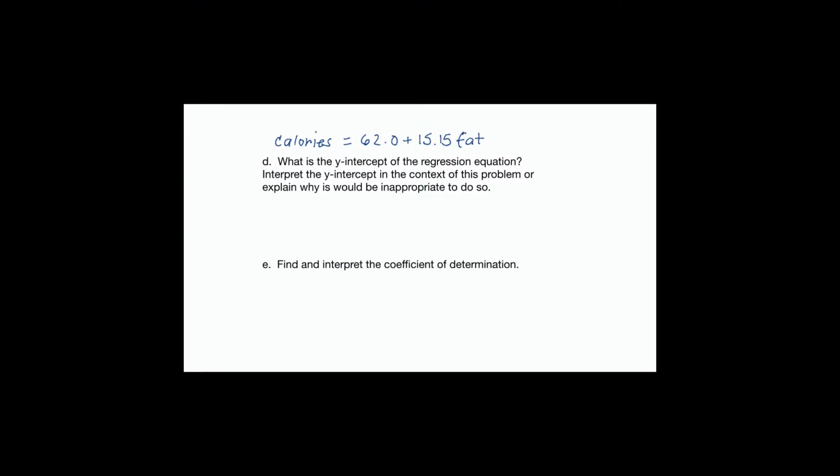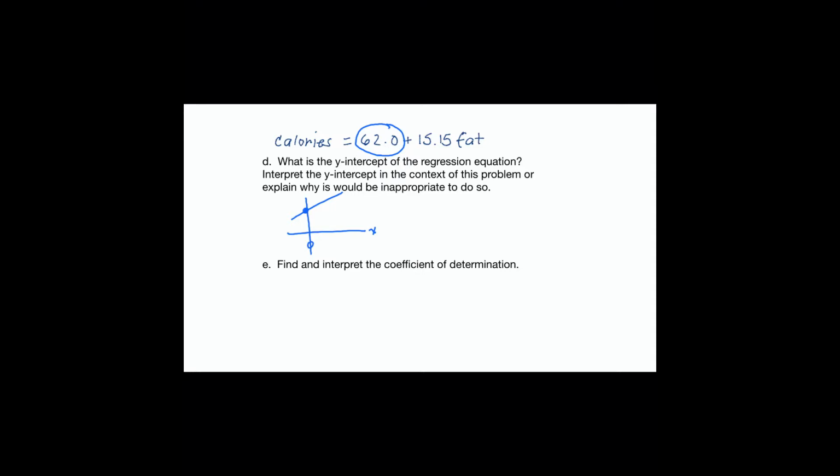What is the y-intercept of the regression equation? Interpret the y-intercept in the context of this problem, or explain why it would be inappropriate to do so. The y-intercept of this equation is 62.0, and the y-intercept represents the y value when x is equal to 0.